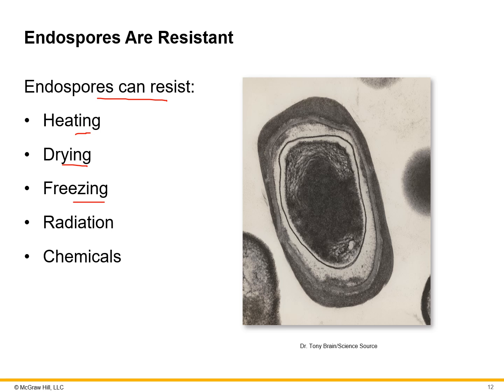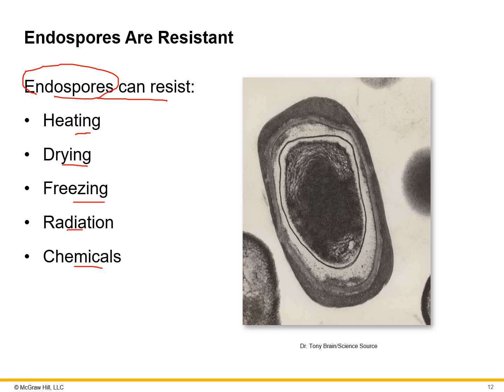So even whenever they're frozen, even radiation that's usually used in a lot of different types of sterilization or just disinfecting, and various chemicals. So again, in order for something to be sterile, the main thing that we're looking for is the removal and destruction of these endospores because they are the most resistant state.